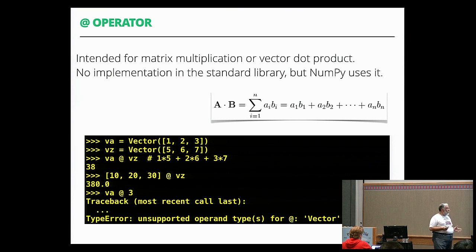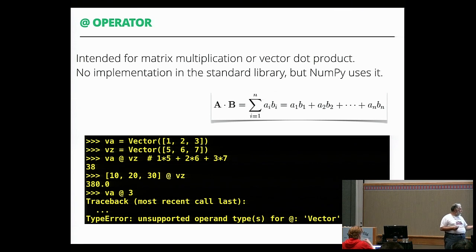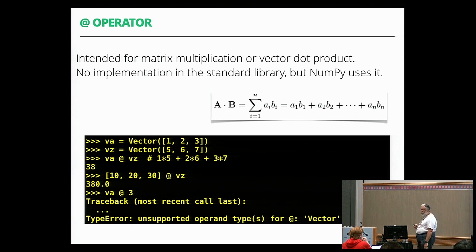The way I implemented it uses duck typing. So actually, I can multiply any iterable of numbers to a vector, or vice versa. But I can't multiply a vector with a scalar, because this would be just wrong, right?